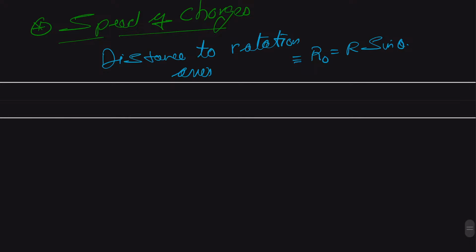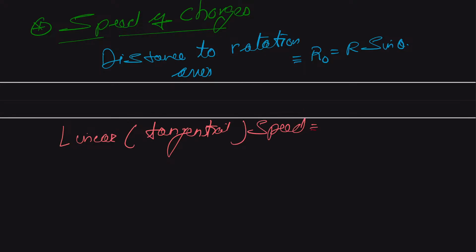So from here we can find out the linear, or in this case tangential, speed, which is v, and it will be equal to omega times r naught.